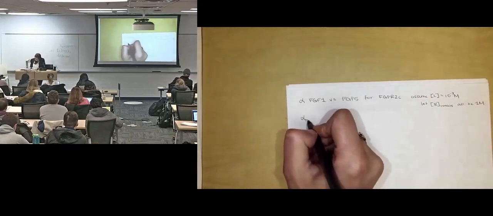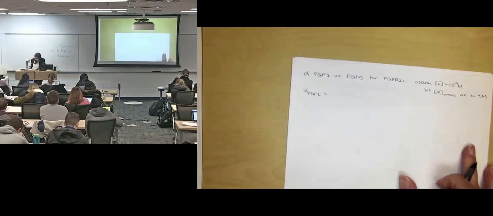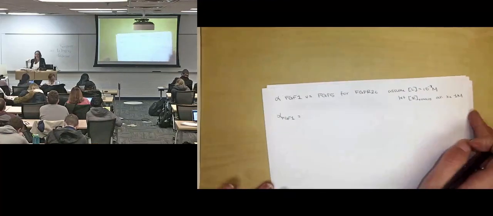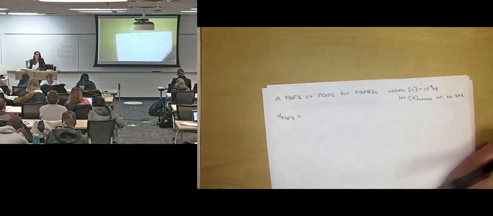So alpha for FGF1 is going to be equal to, I can't use the very first one that we wrote down that had the concentration of complexed receptor to ligand because I don't have that information, okay?